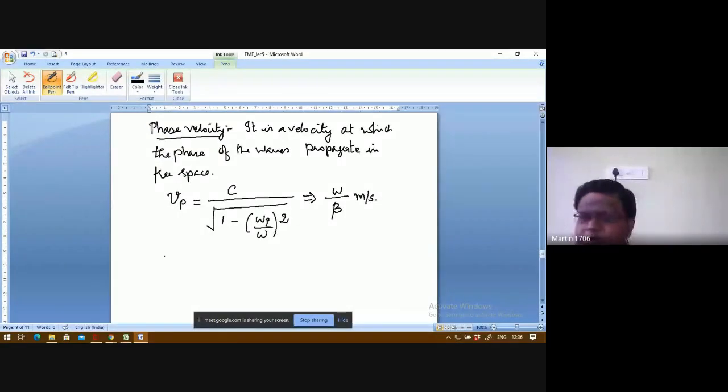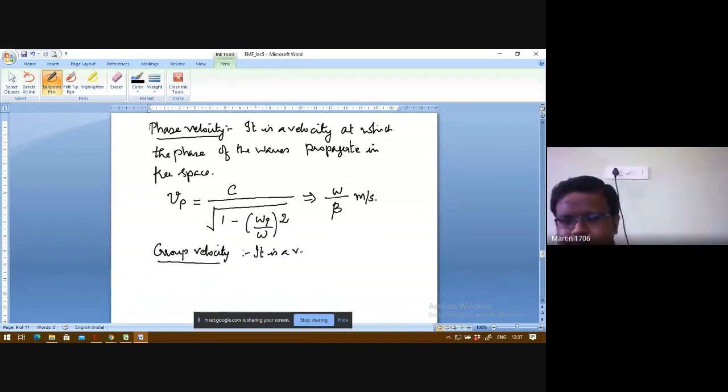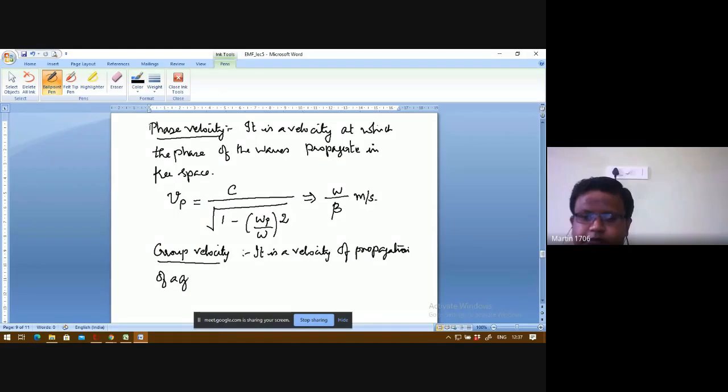Please go to the second terminology, called group velocity. For group velocity, how can the statement be given? It is the velocity of propagation of a group of frequencies.